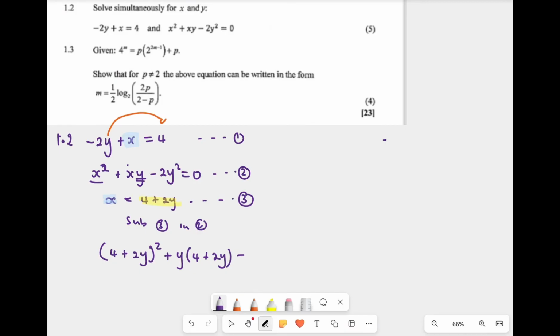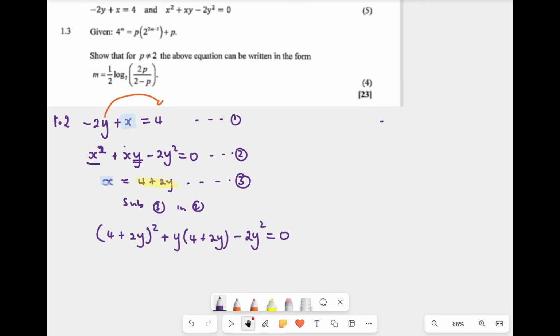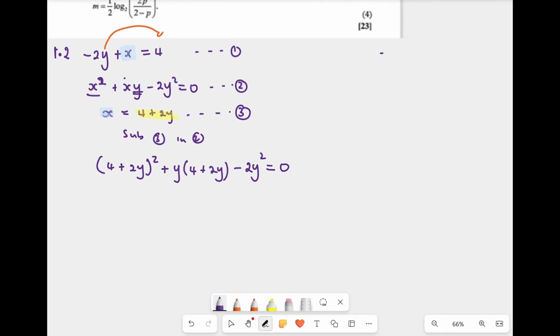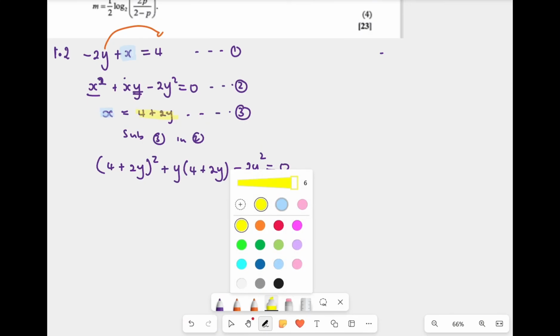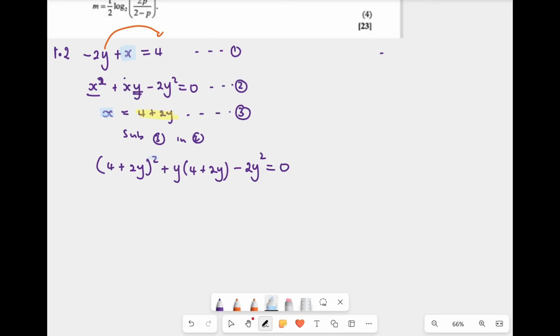This is minus 2y squared. It is equal to, and then from here, we will remove all the brackets. Now, remember, squared means the bracket, exactly as it is, repeated twice.